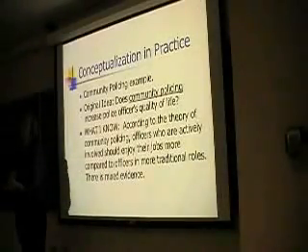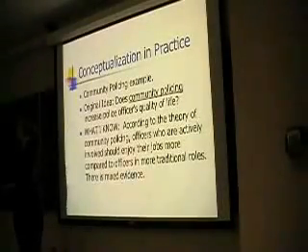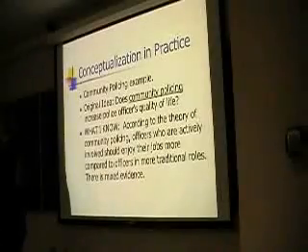So if you want to increase clearance rates, you want to actually solve crimes, you need to actually have good relationships with the community. And how do you do that?